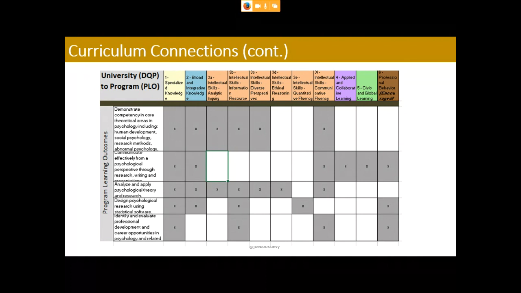It has five themes: specialized knowledge, broad integrative knowledge, intellectual skills, which they break down in a lot of ways, applied and collaborative learning, and civic and global learning. They put it out in the field and got feedback.